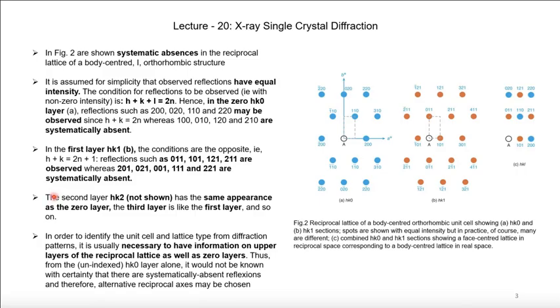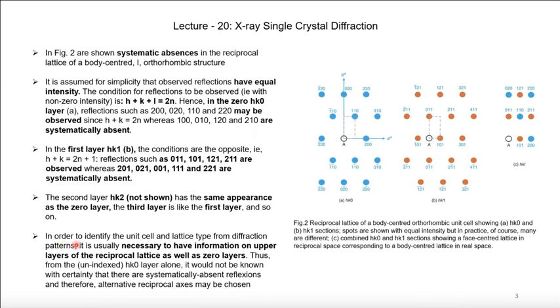If we go to the next layer, that is L equal to 2, we will see the same appearance as the 0 layer. And if we go to the third layer, it's exactly like the first layer and so on.